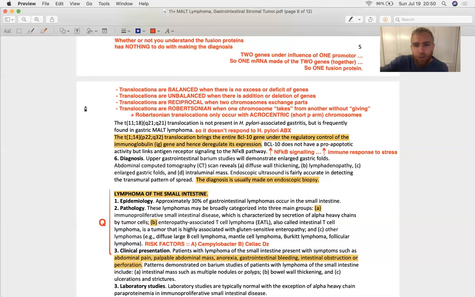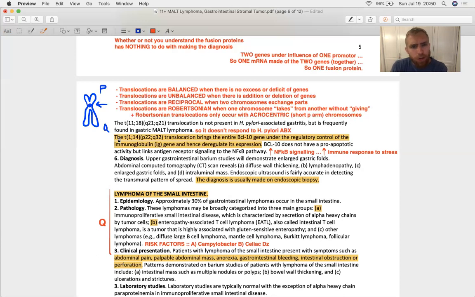So an acrocentric chromosome is one with a short P arm. Remember, chromosomes have a centromere and they have P arms and Q arms. If our centromere is right there in the middle, like the center of the cross, so to speak, then your P arm is your short arm and your Q arm is your long arm.